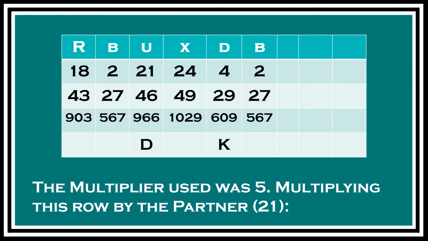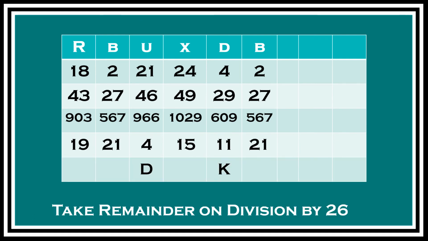43 times 21 gives us 903. 27 times 21 gives you 567, and so on. So then to get the fourth row of numbers, we need to take the remainder on dividing by 26.